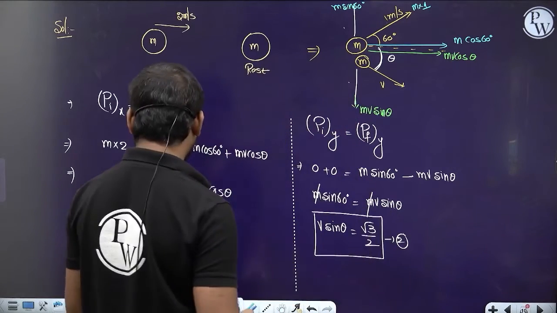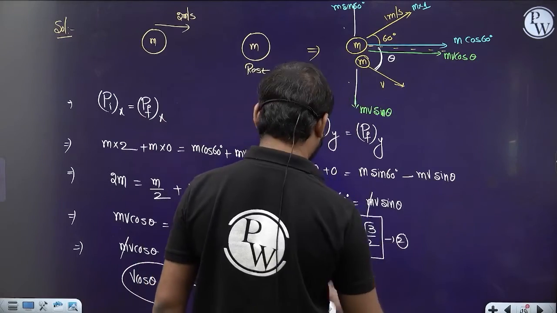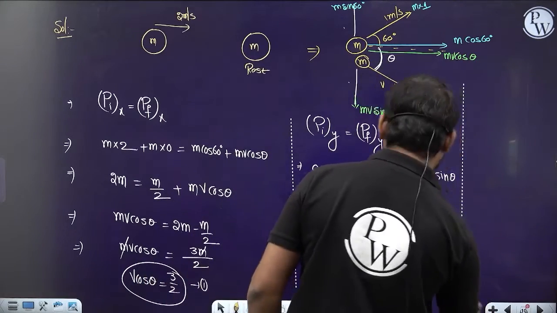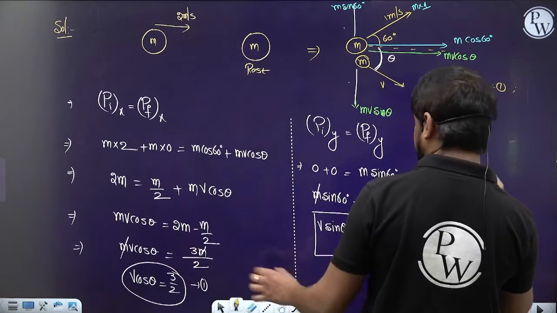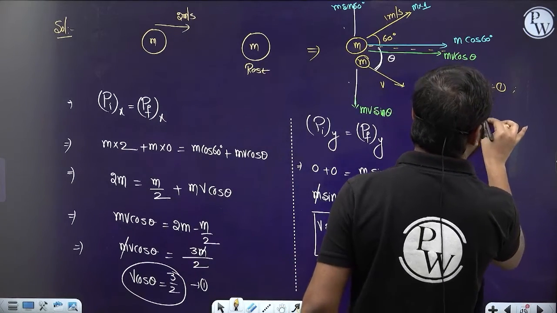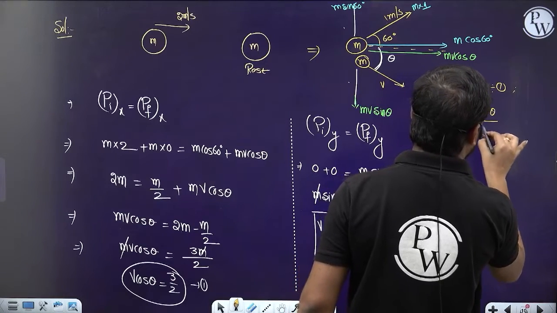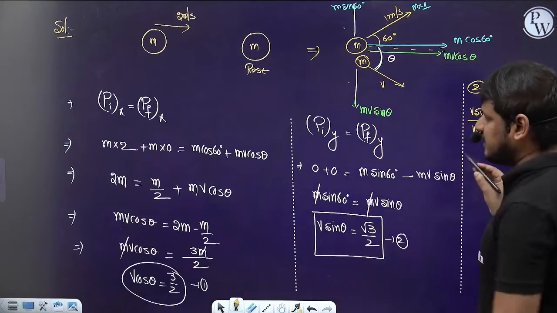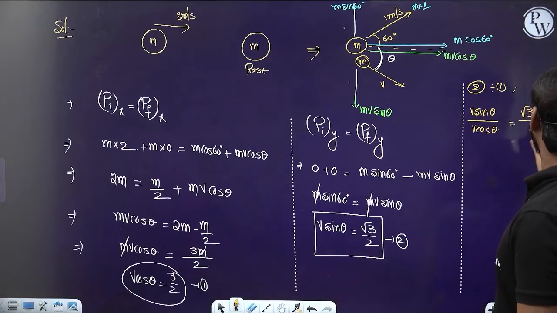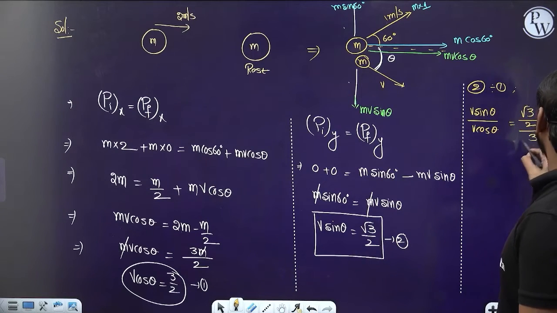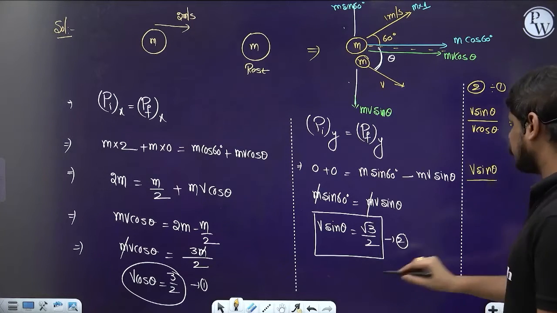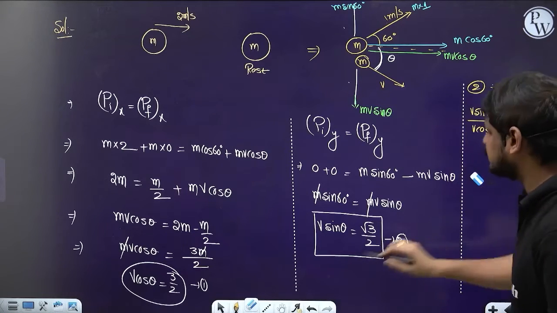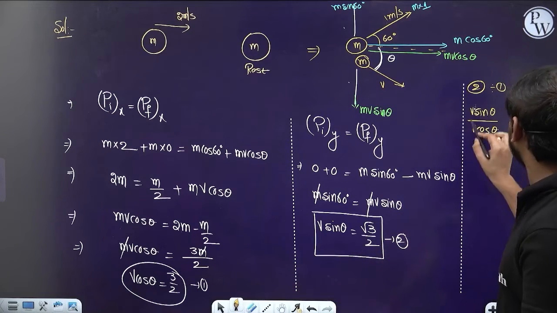Then let's divide equation 2 by 1. So v sin theta by v cos theta is equal to root 3 by 2 divided by 3 by 2. Sorry guys, I wrote it in reverse, my bad. Because we are doing v sin theta by v cos theta, it should be root 3 by 2 over 3 by 2. Yes, this is correct. So 2 gets cancelled, and v also gets cancelled.